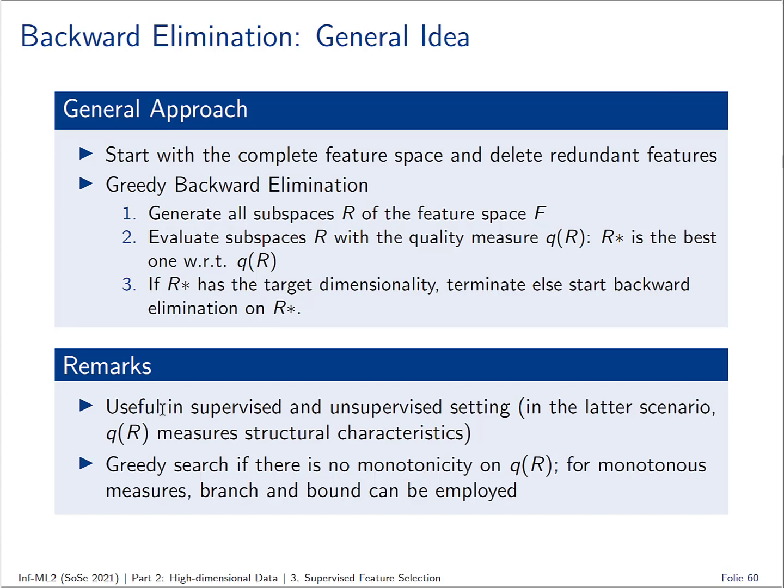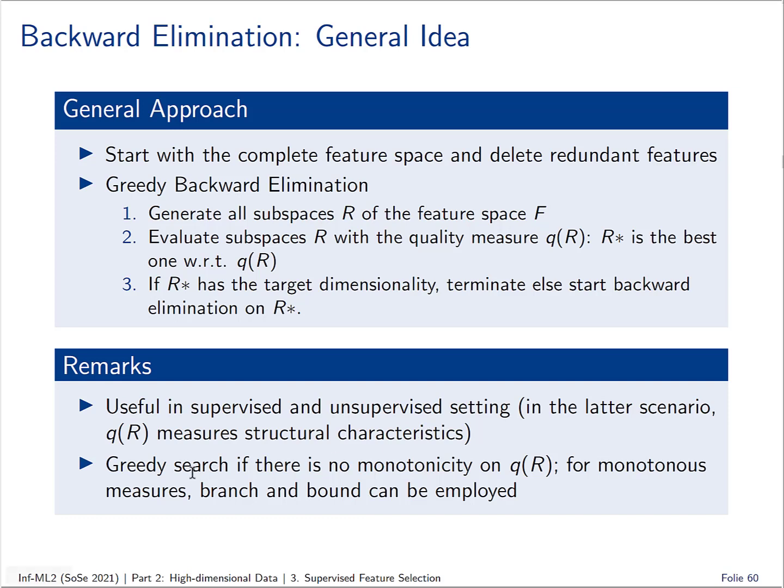That is obviously useful in both supervised and unsupervised settings, because we can employ any quality measure here. If we have a supervised setting, it could be a quality measure that takes into account the class labels. If not, we can measure structural characteristics and stuff like that. So that works in almost all settings, this kind of candidate generation or subspace generation.